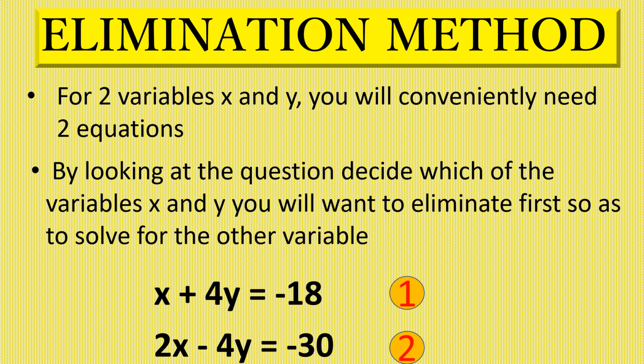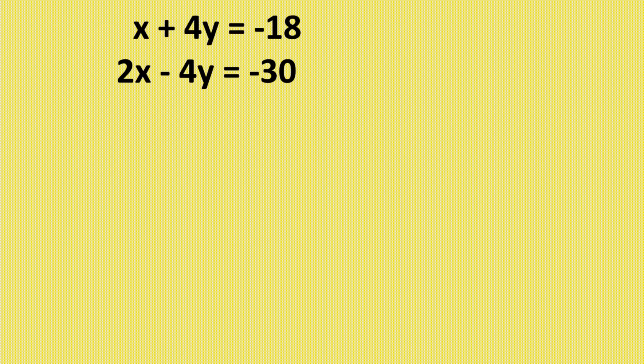So let's see how this plays out. Our equations once again are x plus 4y is equal to minus 18 for equation 1, and 2x minus 4y is equal to minus 30 for equation 2.